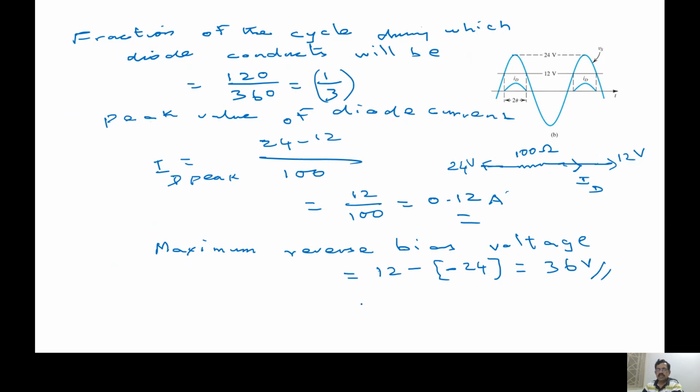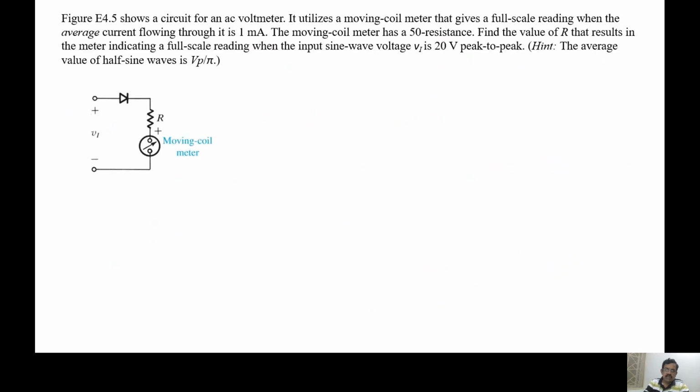That will be the reverse bias voltage that the diode will be seeing. Okay, so that is very clear. So all the questions are answered.